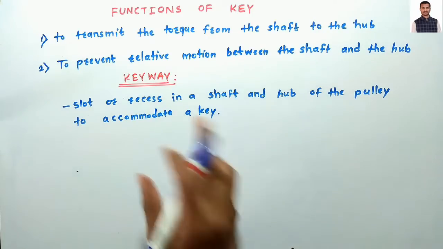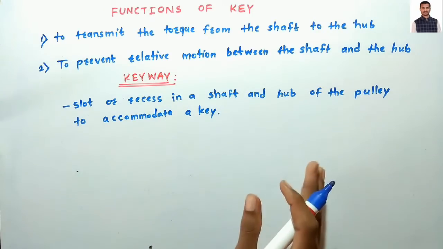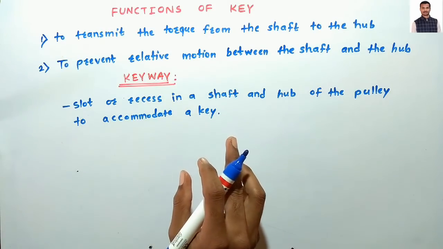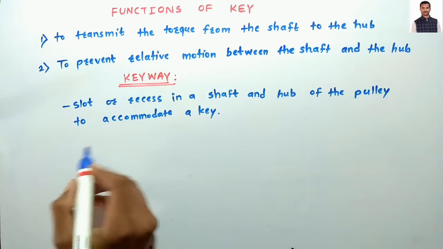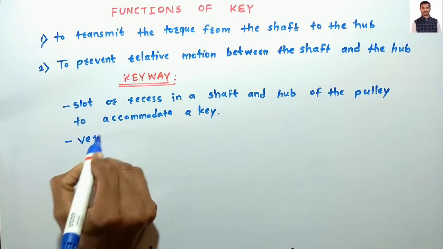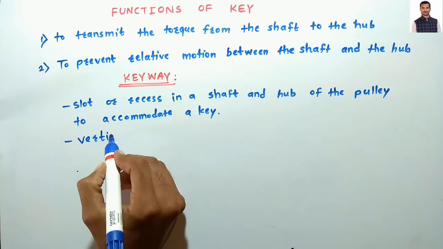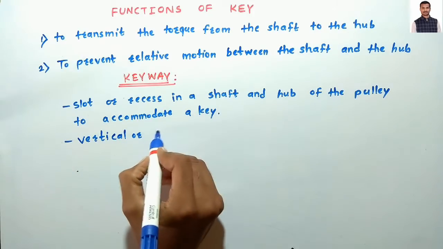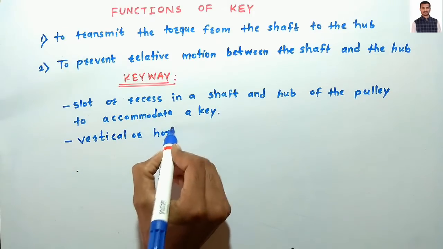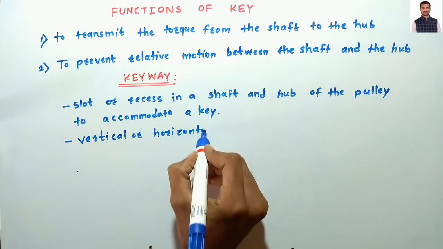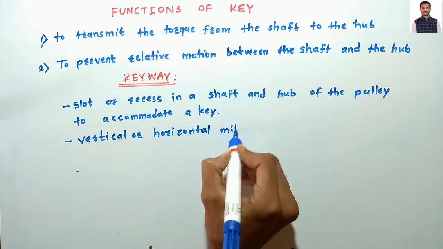So keyway is usually cut by a vertical or horizontal milling cutter.